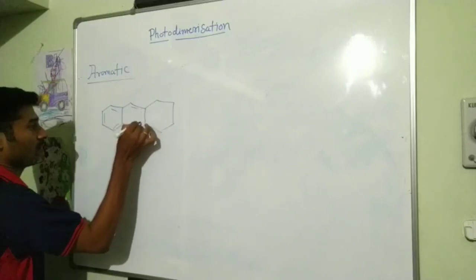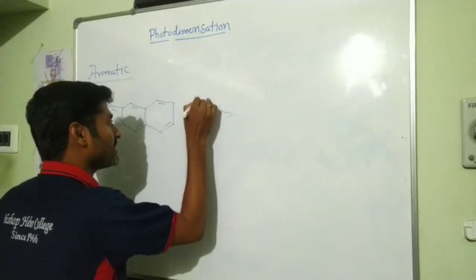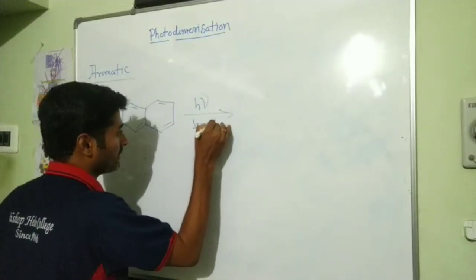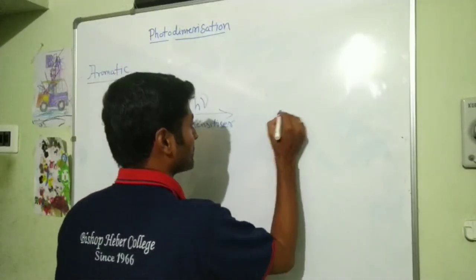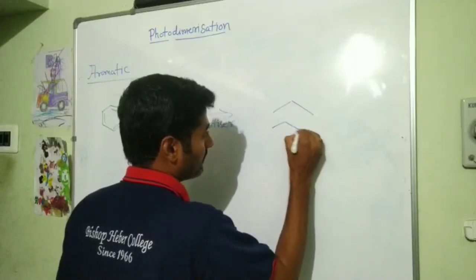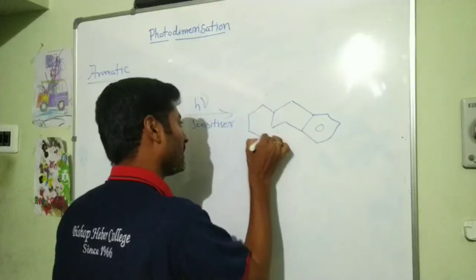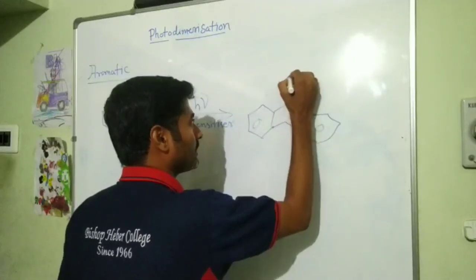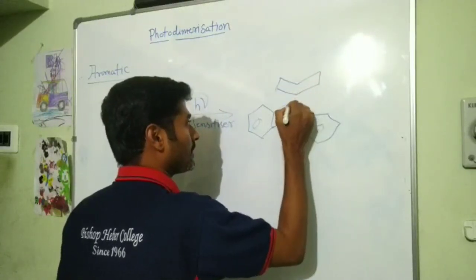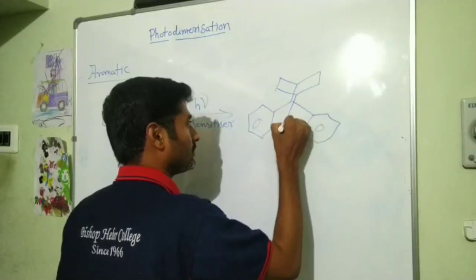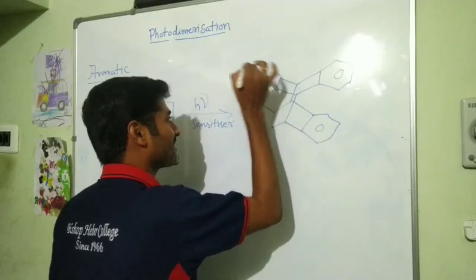Anthracene can undergo dimerization in presence of sensitizer, and you'll get a dimer structure like this.